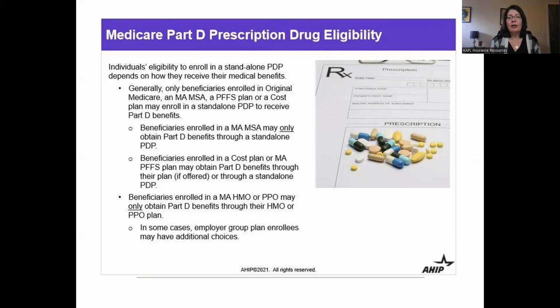They need drug coverage, so a lot of the standalone drug plans that we sell are for people that have med sups. And if somebody has a Medicare Advantage plan, and I know we talked about this a bit in the last module, that's how they get their drug coverage. If you recall, you can't have a Medicare Advantage plan and then a separate drug plan. It doesn't work that way.